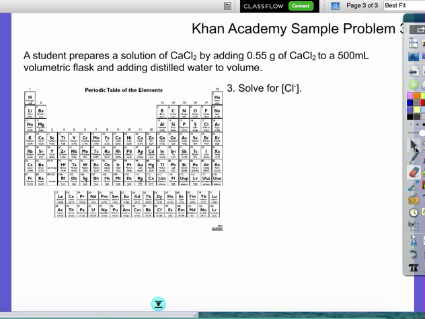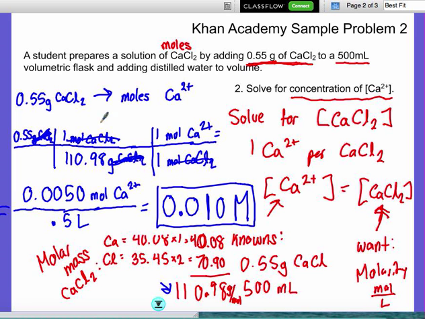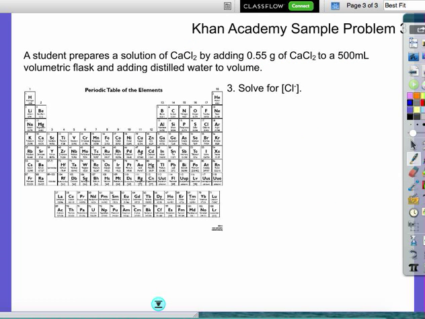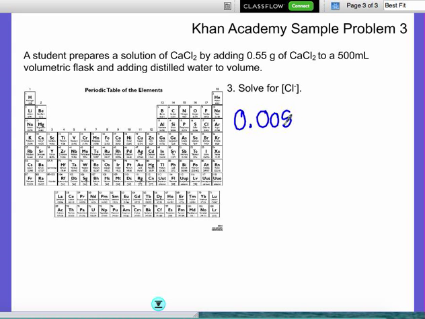We already know from the last problem that we had 0.0050 moles of CaCl2.